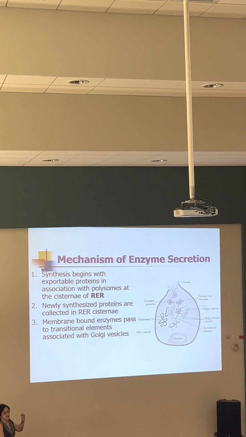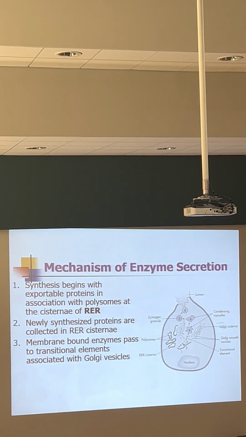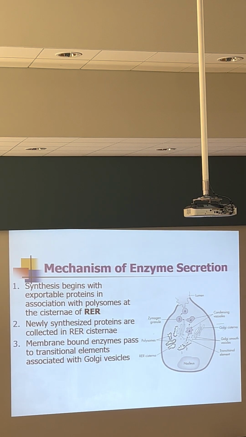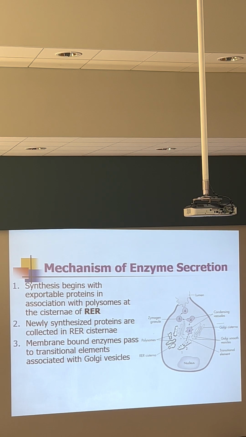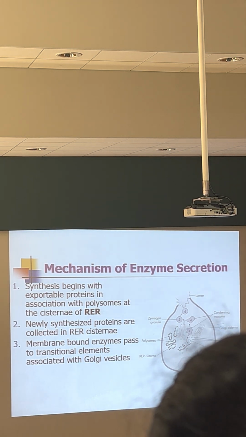So the elongated proteins, which are now membrane bound, are then passed into the transitional elements of the Golgi apparatus, your vesicles, and they seem to be pinched off and associated with your Golgi vesicles. So there seems to be some pinching off of these transitional elements.